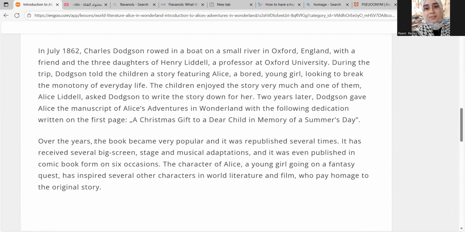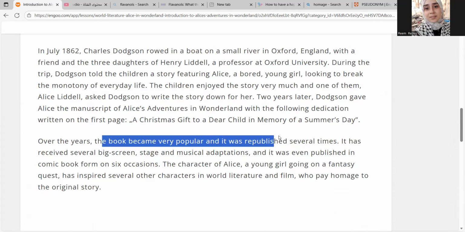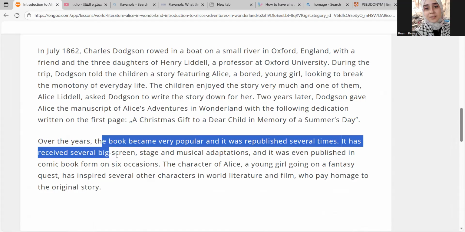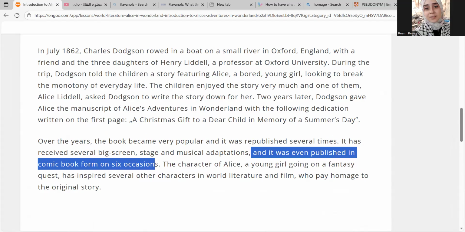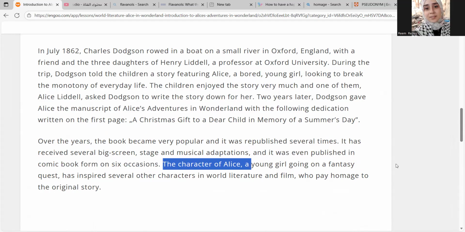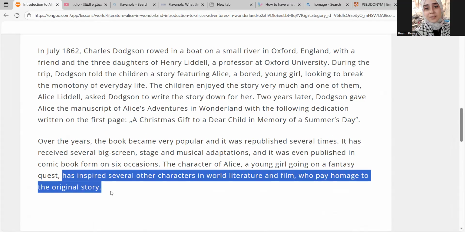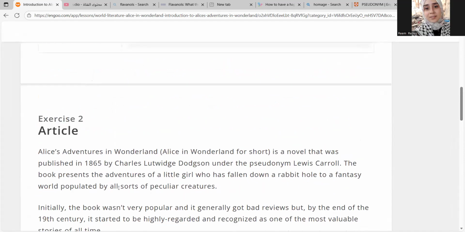Over the years, the book became very popular and it was republished several times. It has received several big screen, stage, and musical adaptations, and it was even published in comic book form on six occasions. The character of Alice, a young girl going on a fantasy quest, has inspired several other characters in world literature and film who pay homage to the original story.